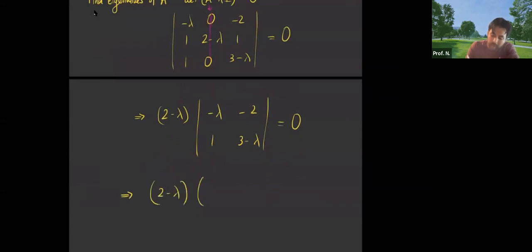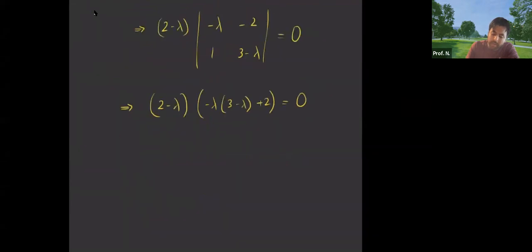This becomes negative lambda times 3 minus lambda plus 2 equals 0. So I get negative 3 lambda plus lambda squared plus 2, times 2 minus lambda equals 0. And I get lambda squared minus 3 lambda plus 2.